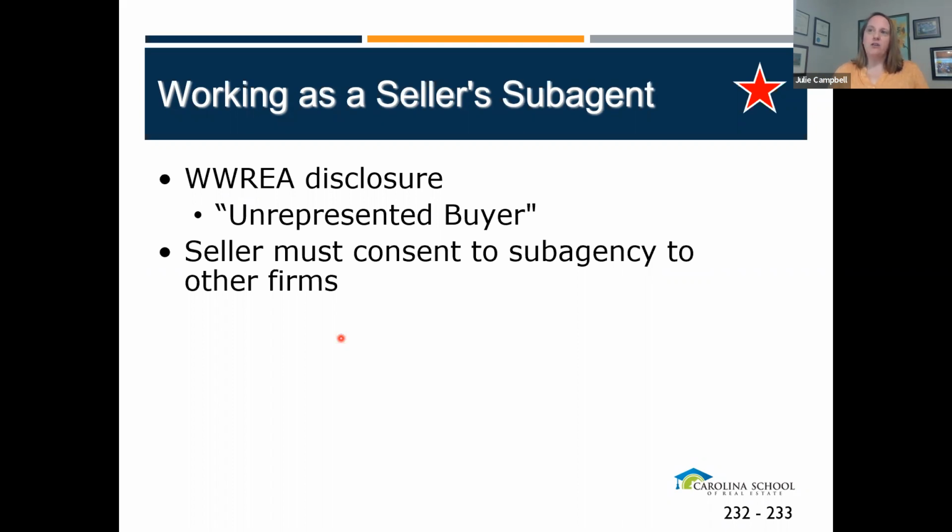If the buyer originally decides to do seller sub-agency, you do your WWRA, they say, nah, I'm good. I don't need representation. I'll go through this unrepresented. And then somewhere later in the transaction, they change their mind. So they originally agreed to seller sub-agency, and then somewhere they said, well, why didn't I hire you?